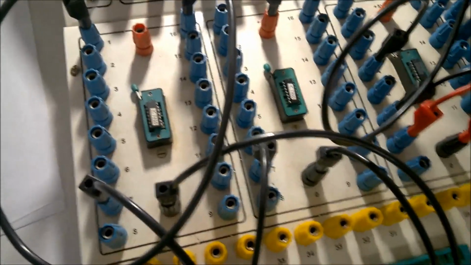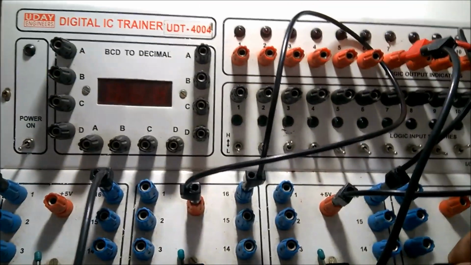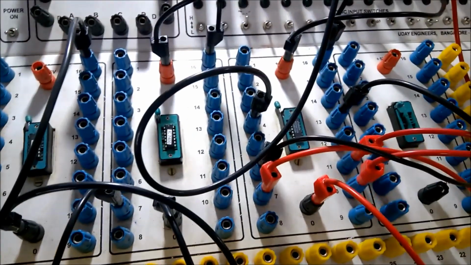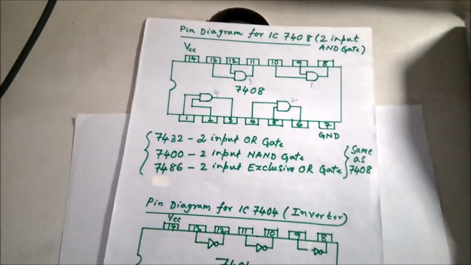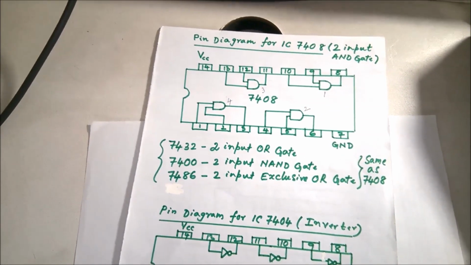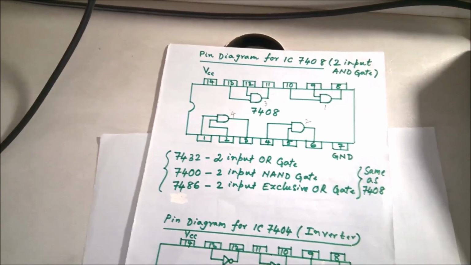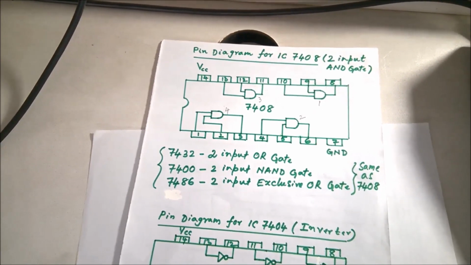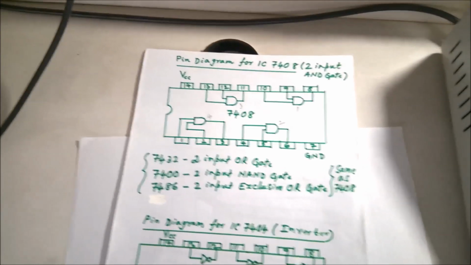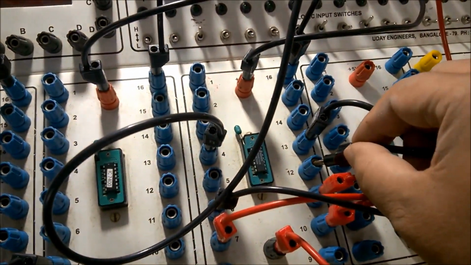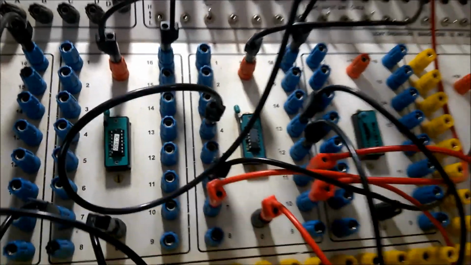Therefore I am connecting to the 11, and it will come to the input of gate number 1. Because 9 is already connected, the output 11 of gate 3 will be the other input. Therefore 11 is connected to 10.